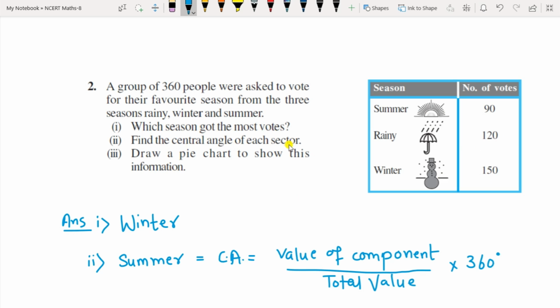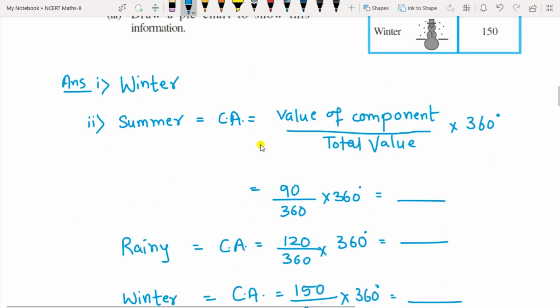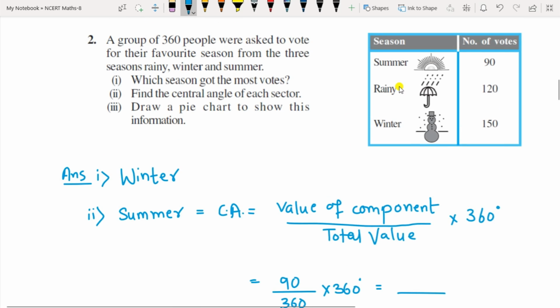Now find the central angle of each sector. Each sector means for summer, rainy and winter, you want to find the central angle if this data is to be represented on a pie chart. The formula that I wrote above is: central angle equals value of component upon total value, multiplied by 360. For summer, the value of the component is 90, upon the total value, 360, as given in the question, multiplied by 360, the measure of the circle.